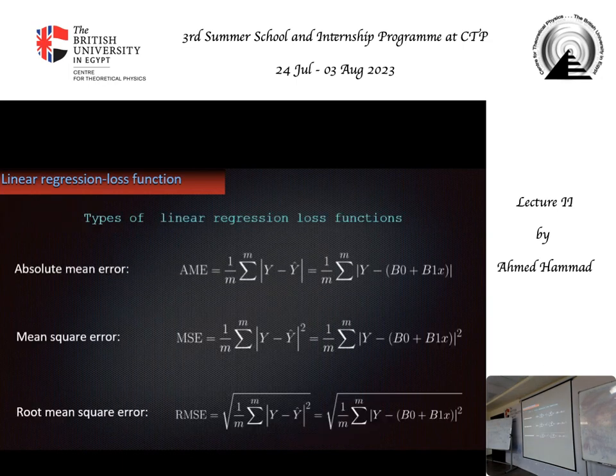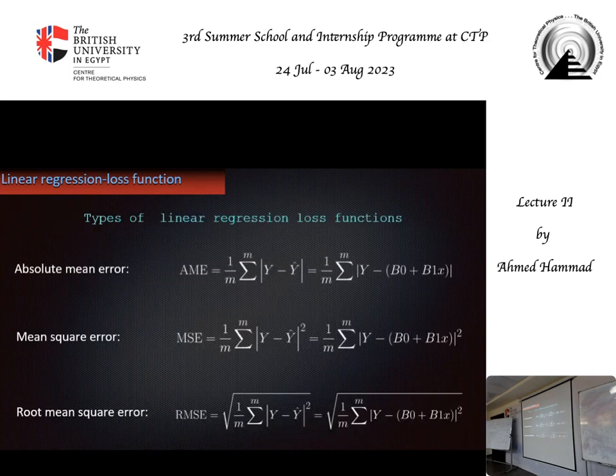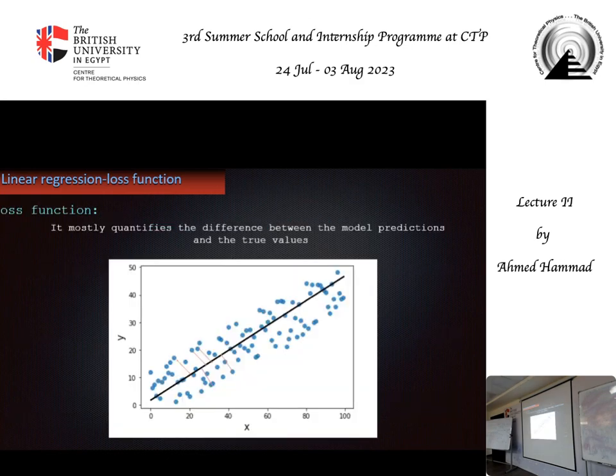So what kind of loss function can we use in the regression model? We have the mean absolute error, with the normalization 1 over m, where m is the number of data points, just to normalize the output. The y is the actual value, this y for the points, and y hat is the prediction for the new points.